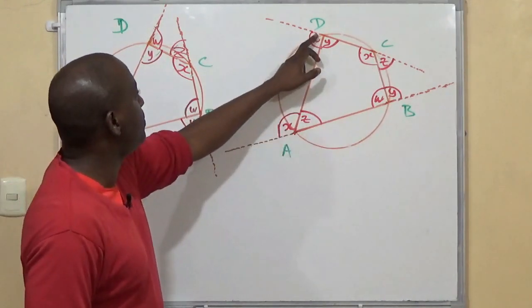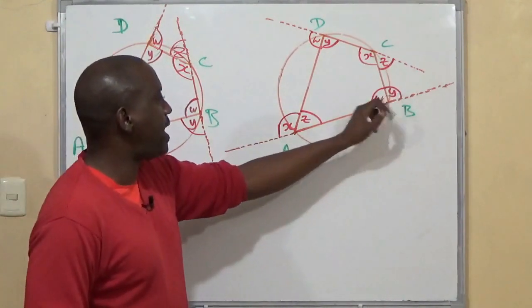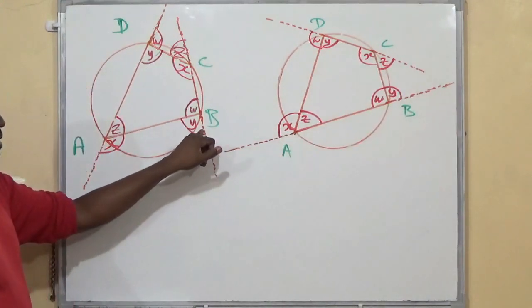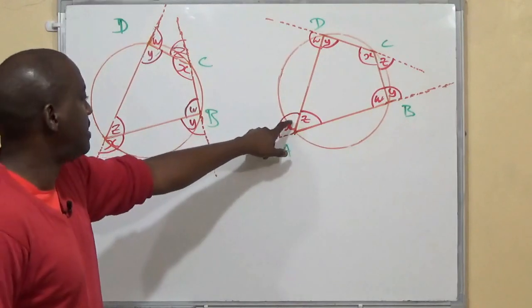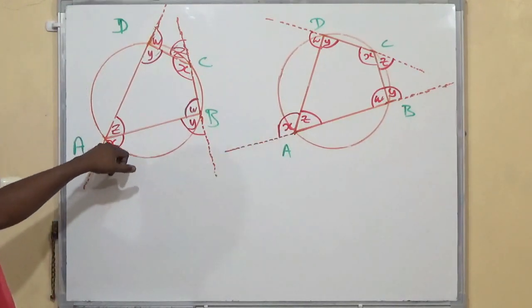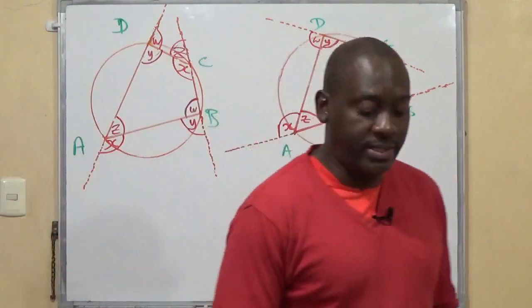This external W will be the same as this external W, vertically opposite angles. This external Y will be the same as this external Y. And as we just discussed, this external X here will be the same as this external X here, vertically opposite angles. And that is what it is.